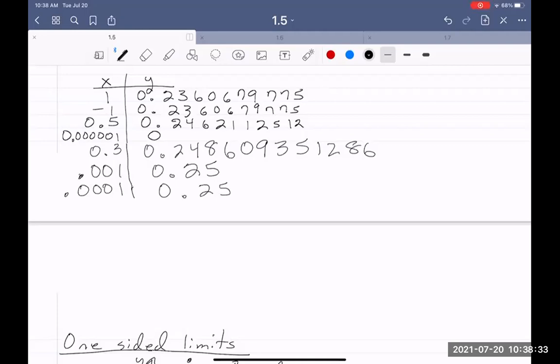I don't think anyone noticed this; everyone had faith in the calculator. The calculator is wrong. You're plugging in something and being led astray by the fact that your calculator is wrong.